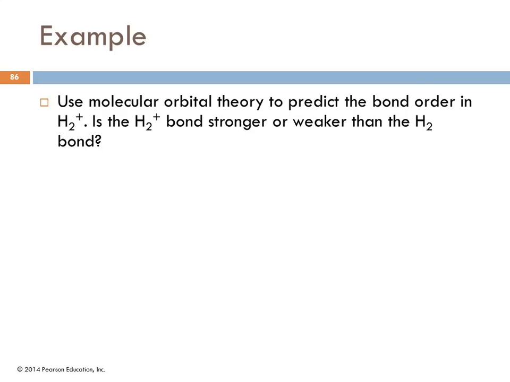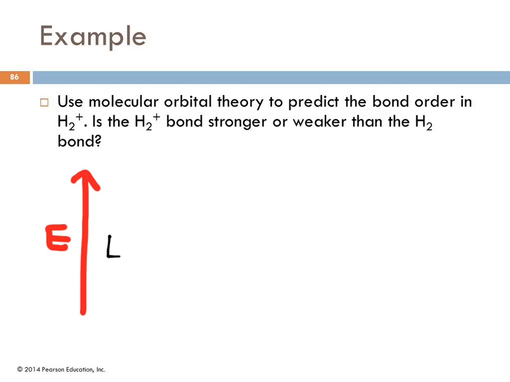Use molecular orbital theory to predict the bond order in H2 plus. Is the H2 plus bond stronger or weaker than the bond in H2? So what we need to do is draw our little orbital diagram here. This is just to remind us that energy is going up that way.